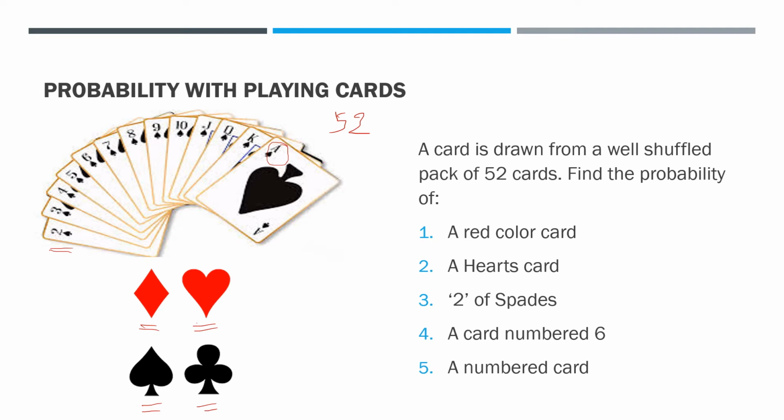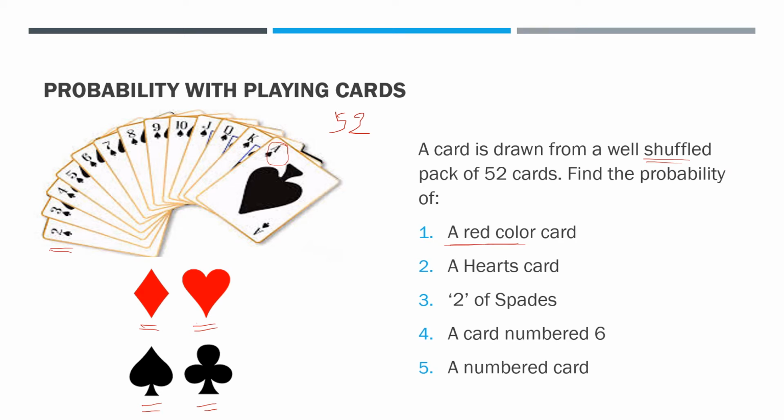Now let's look at these problems, and whatever we need to know to solve them, we'll discuss. A card is drawn from a well shuffled pack of 52 cards. Find the probability of a red color card. Let's start with this simple problem. We said there are a total of 4 suits.